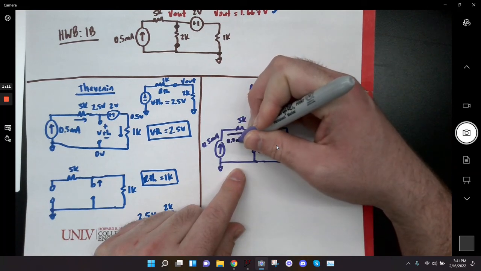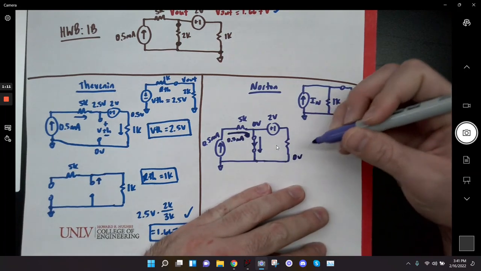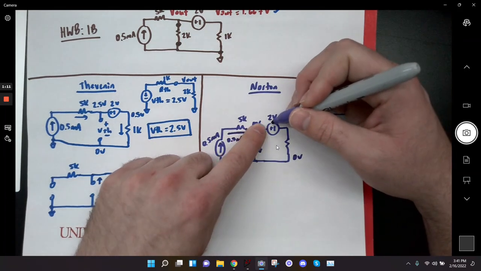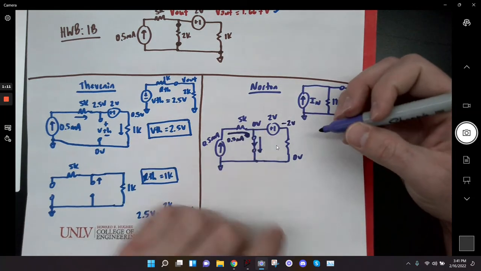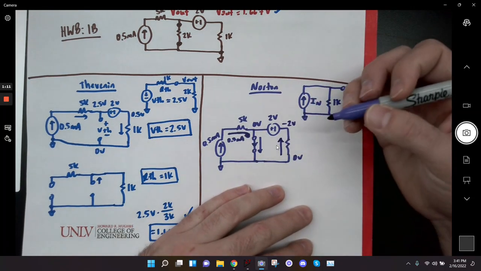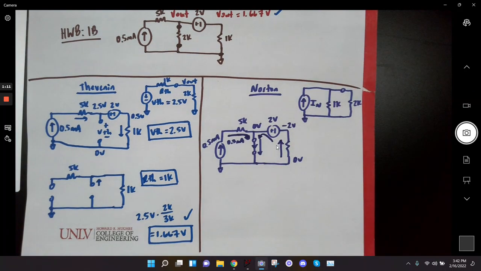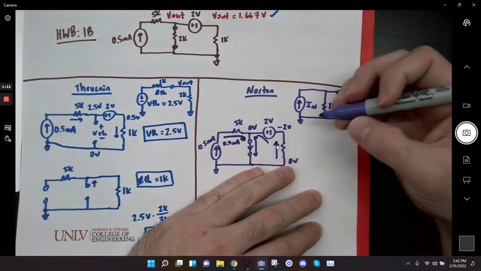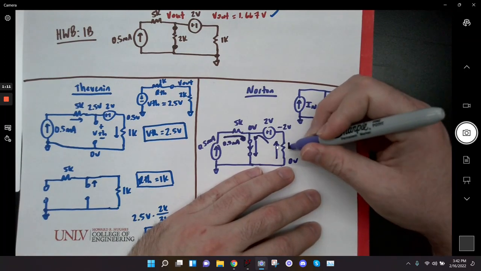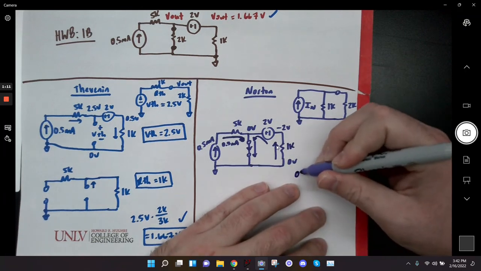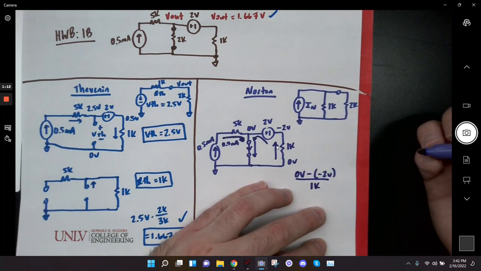From that source. But how much do I have flowing over here? Well, this is 0 volts, this is 0 volts, and this drops by 2. So this goes down to negative 2 volts right here. That means I have another current flowing in this loop, and that's also going to pour in there and contribute. They both go through that node. Well, what is my resistance out here? 1K. So I've got 0 volts minus negative 2 volts over 1K, which is 2 volts over 1K, or 2 milliamps.